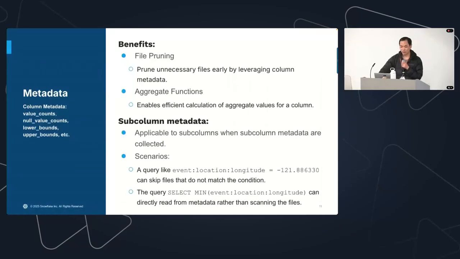Now let's come to the metadata. Of course, Iceberg has file-level metadata and table-level metadata, but this doesn't change with variant. I'm going to focus more on column metadata, for example value counts, null value counts, min max, lower bounds and upper bounds. Those metadata can be used for file pruning or aggregate functions.